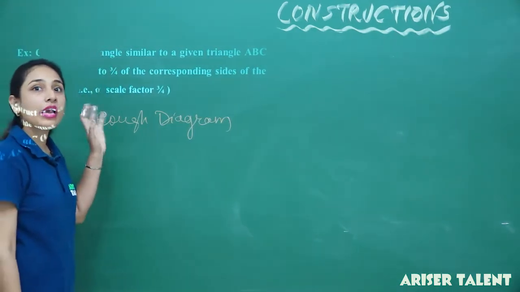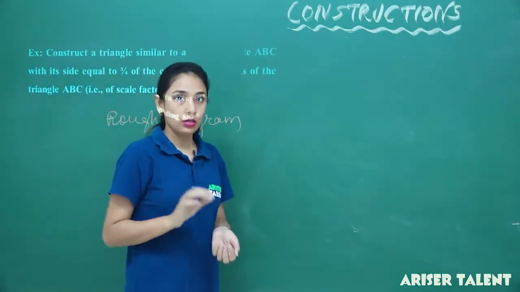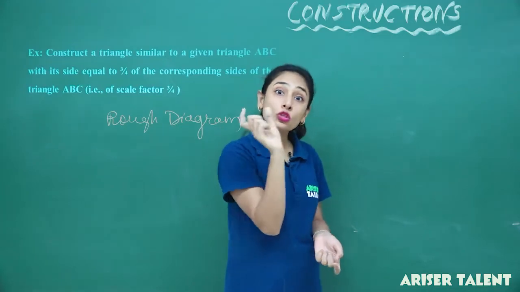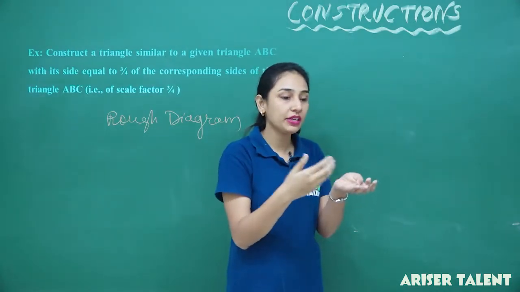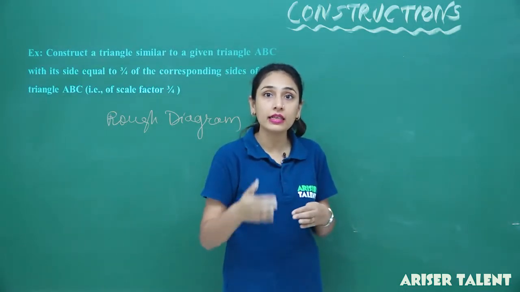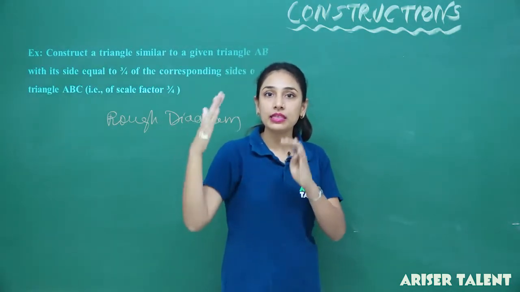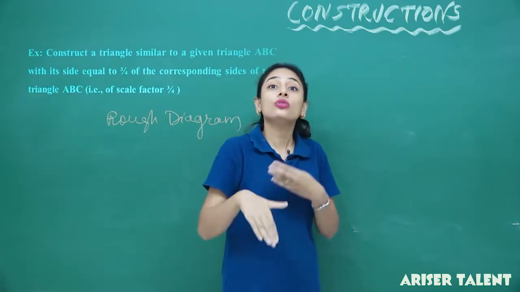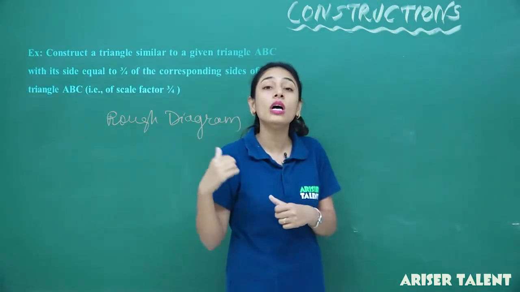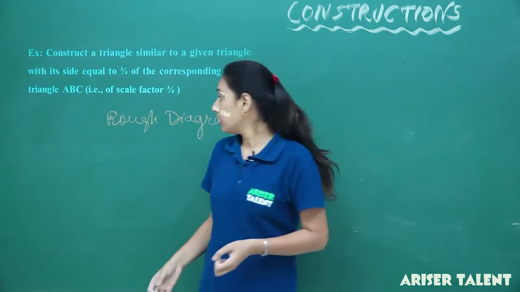The first triangle ABC is given, with its parameters: side AB equals this many centimeters, angle ABC equals this, angle BCA equals this. So you have to play with that also. To make this clear in your mind, you first have to make the rough diagram.